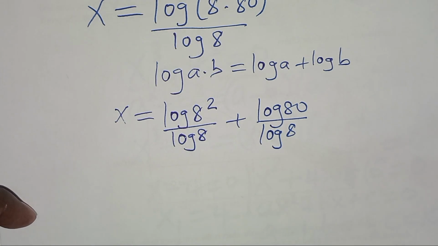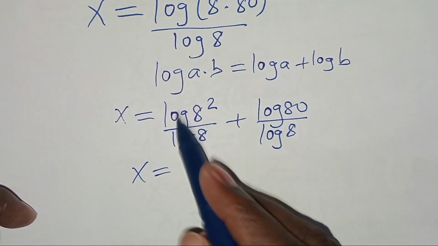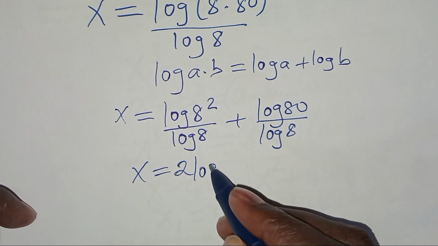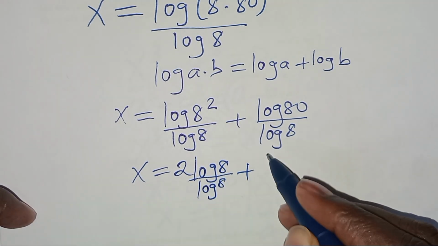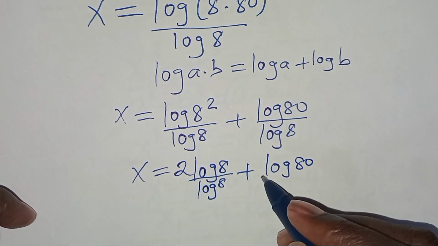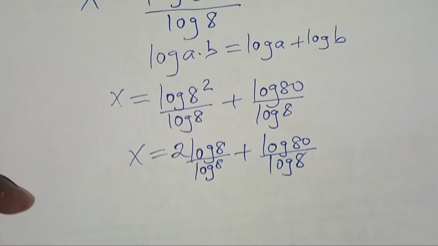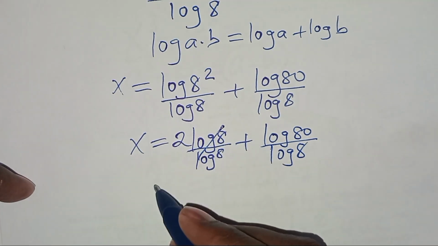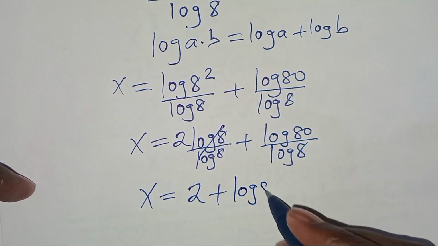Now, log 8 to power 2, applying the power rule, can be expressed as 2 log 8 divided by log 8 plus log 80 divided by log 8. Now, we simplify here so that the value of x is equal to 2 plus log 80 divided by log 8.